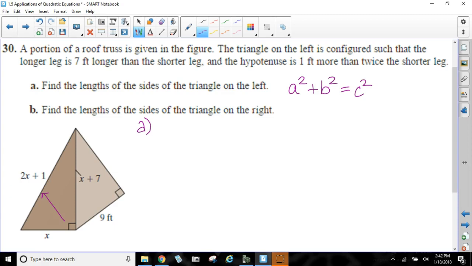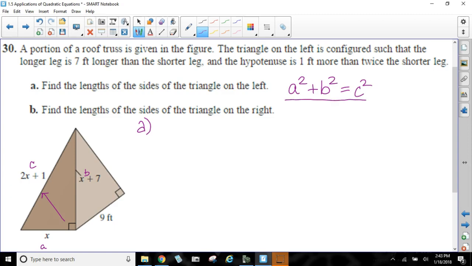So on part A, let's let our shorter leg be x, and we will let our b be x plus 7, and our hypotenuse is going to be 2x plus 1.